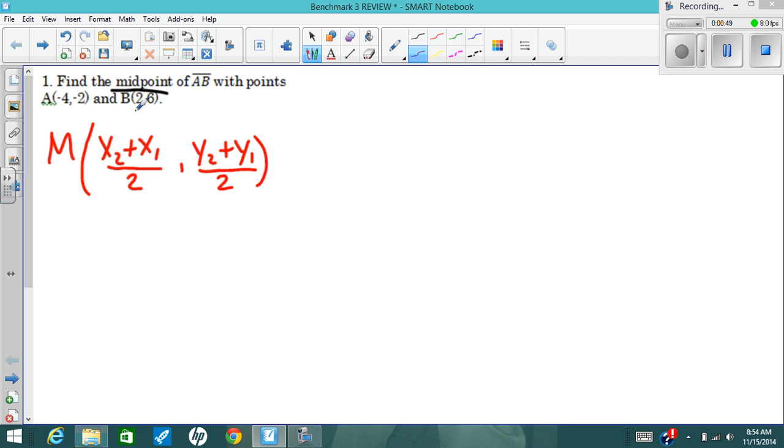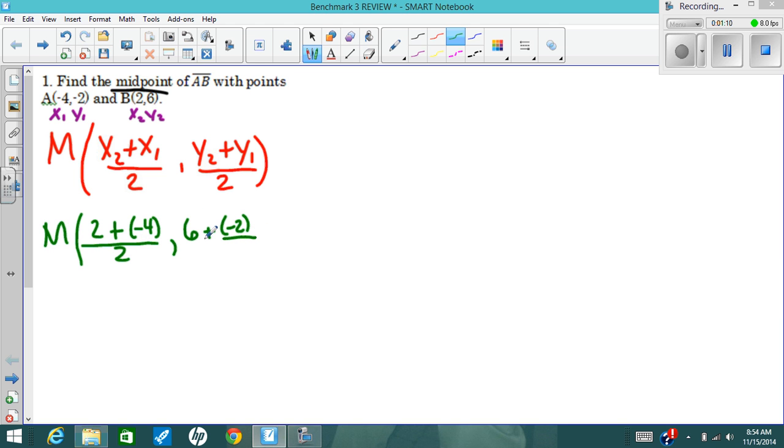I'll go label these x1, y1, x2, y2. Now I can just plug in. 2 plus negative 4 over 2. 6 plus negative 2 over 2.